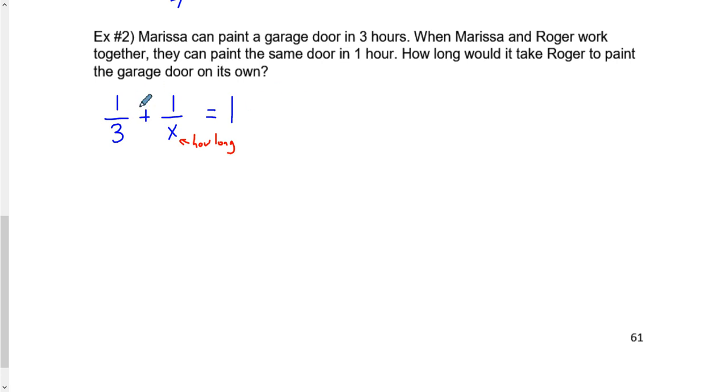But we still need to get our common denominator. And this one we have to multiply by 3x over 3x. x add 3 over 3x equals 3x over 3x. Get one side equals 0. So we're going to subtract the x and subtract the 3.